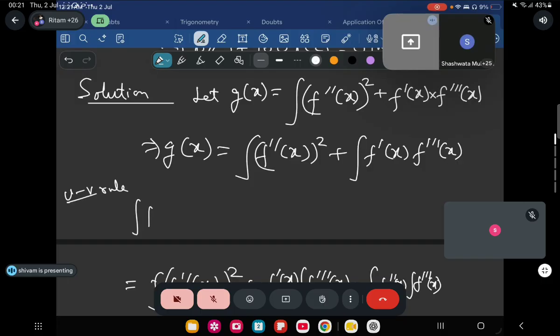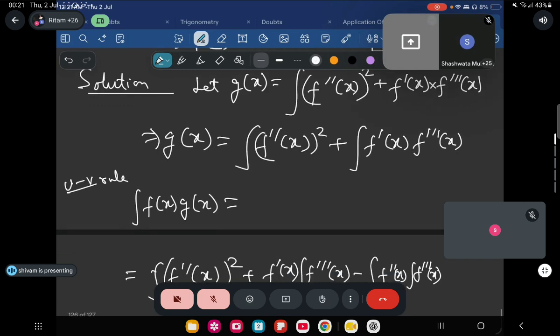Integral of f of x into g of x. You integrate one and differentiate one. I'm going to explain it more in the next chapter, integration.